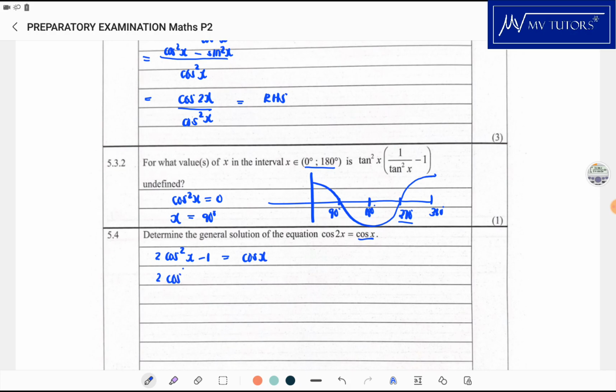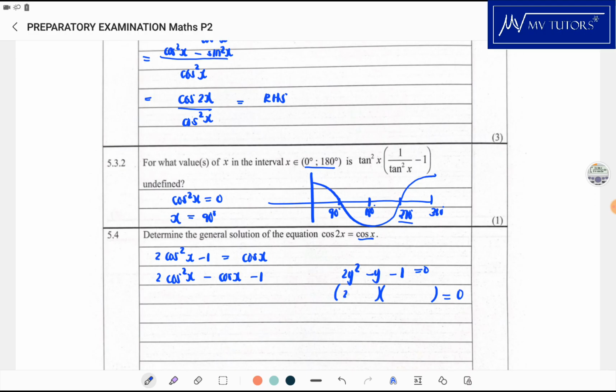So I have 2 cos squared x minus cos x minus 1. If it's difficult for you to look at it this way, you can say you have 2y squared minus y minus 1, and then you can factorize. Okay, make that equal to 0.